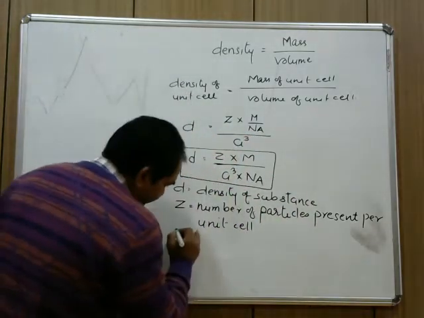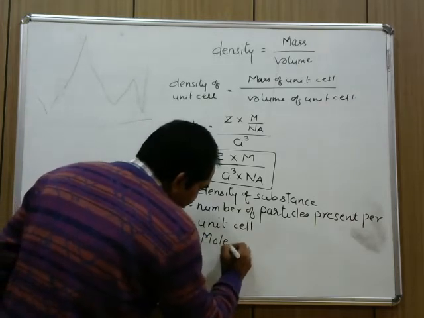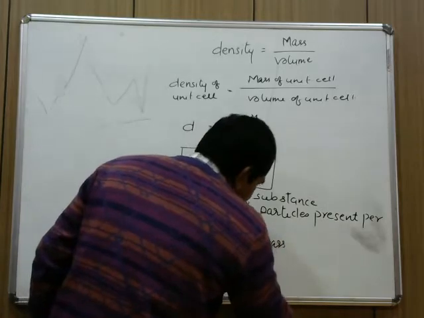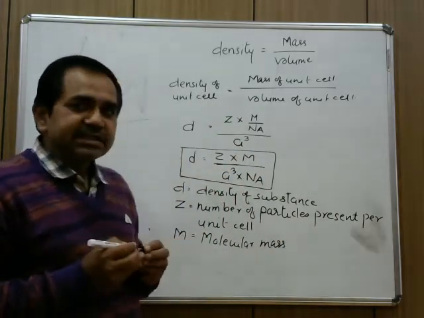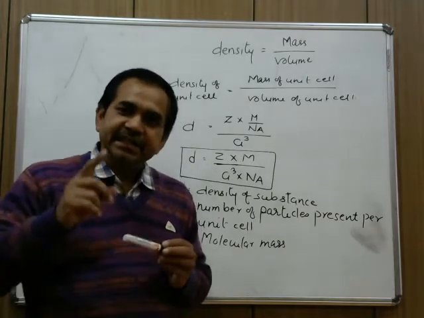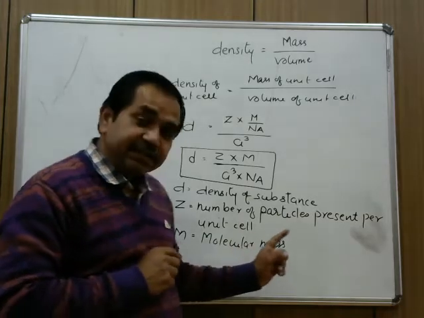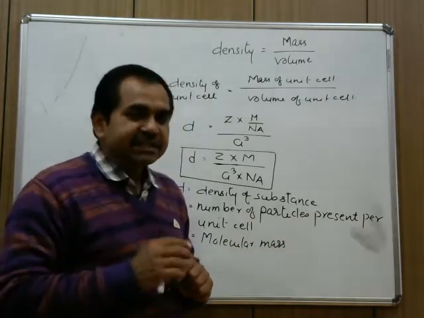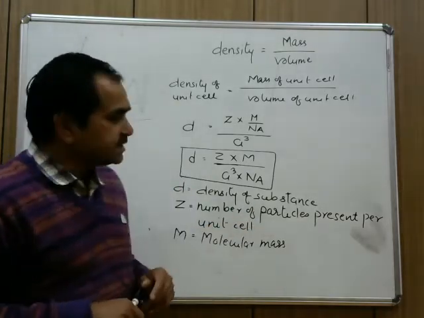Then this M represents molecular mass. If the substance under consideration is an element, then this is taken as atomic mass. But if the substance under consideration is a compound, then it is molecular mass.